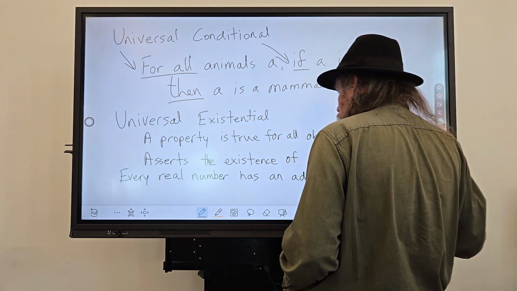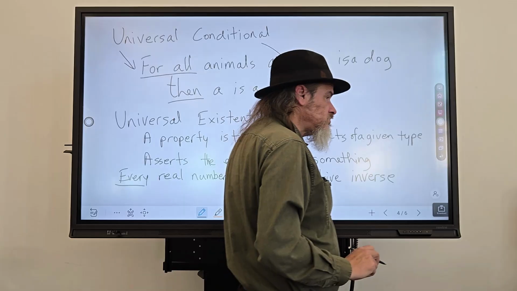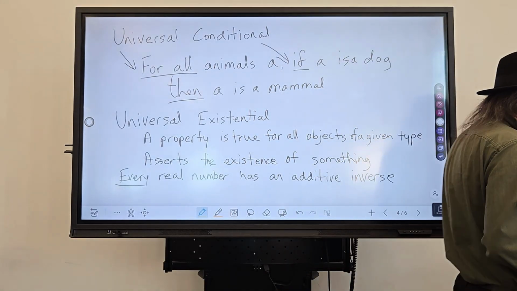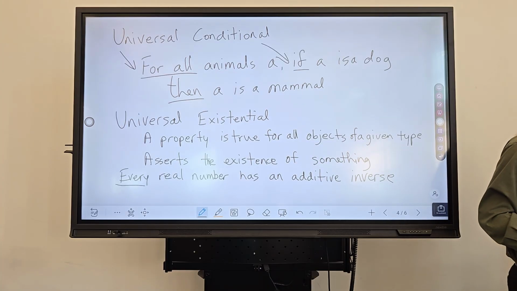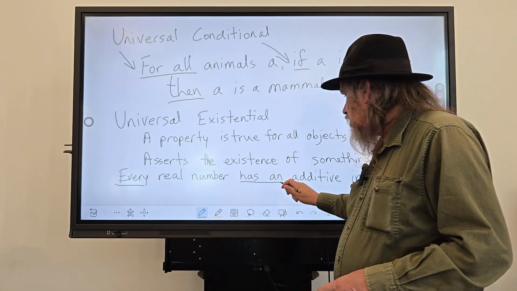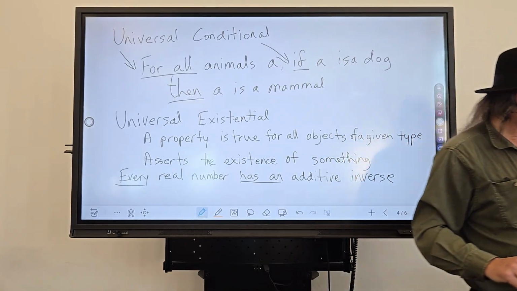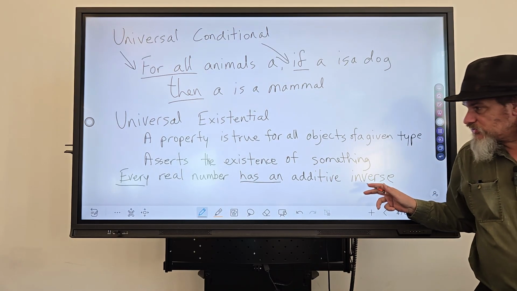So every indicates that it's universal for the set of all real numbers. Has an indicates the existence of something, the additive inverse.